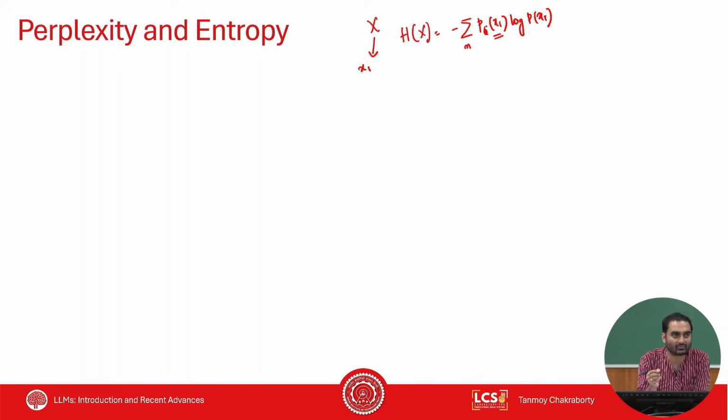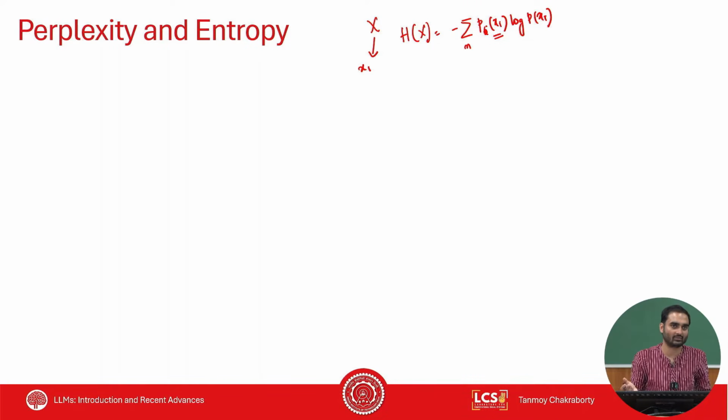Now if the outcome is uniform, let's say there are n trials and c possible outcomes, and each outcome appears an equal number of times. Versus if the outcome is biased, whose entropy would be high?